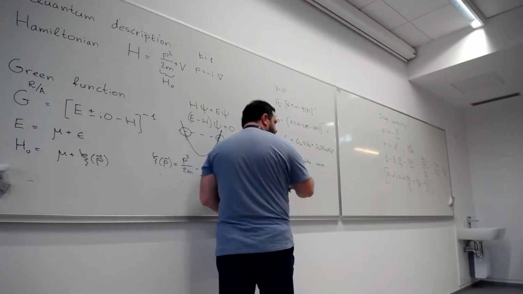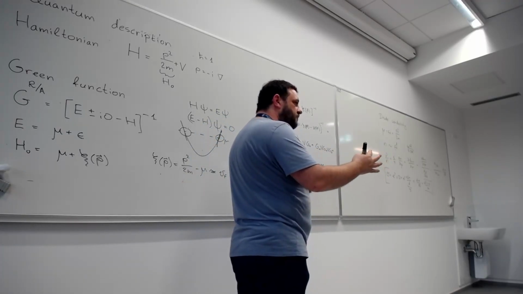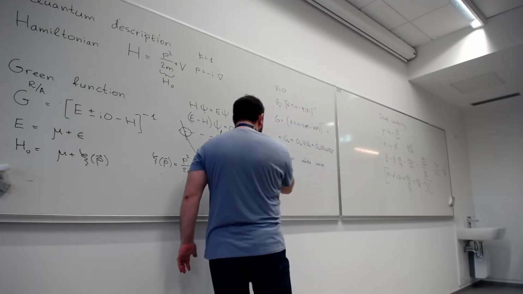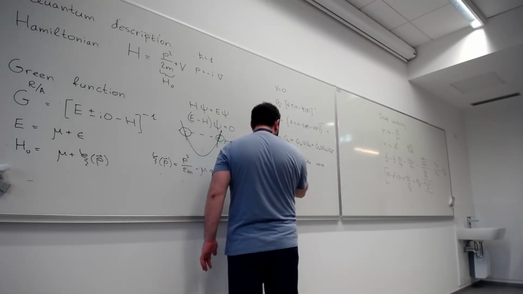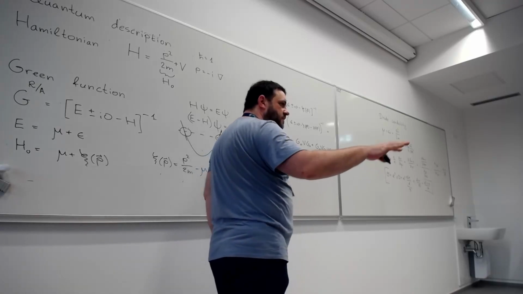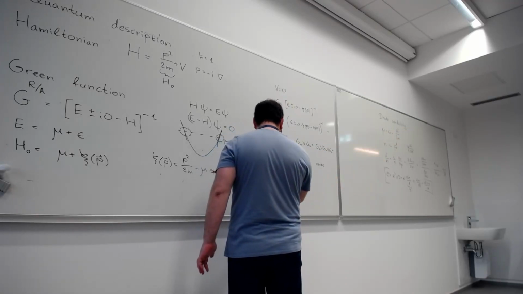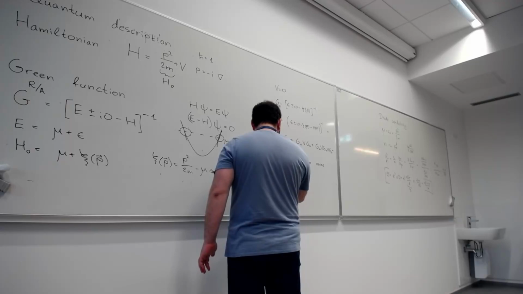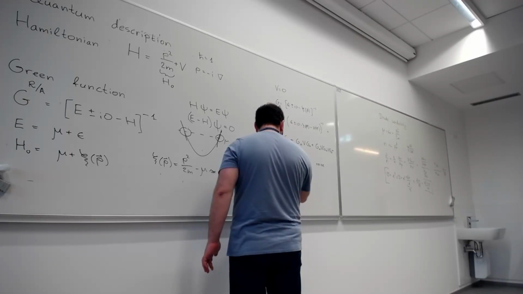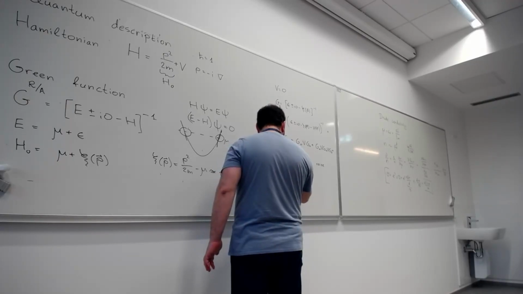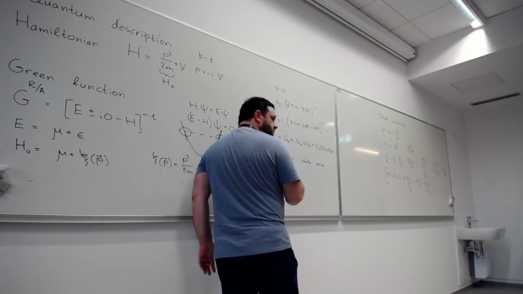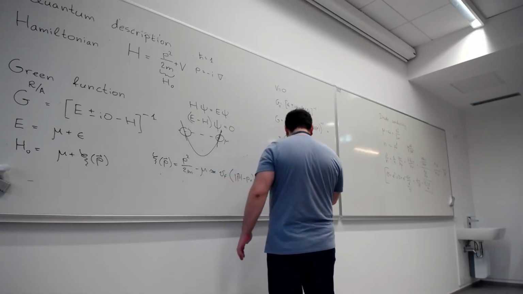So we have what is called an ensemble of systems, and on average, V averaged over all these ensembles is 0, and V squared, or the second moment, on average is not 0 because it's squared, it should be positive.